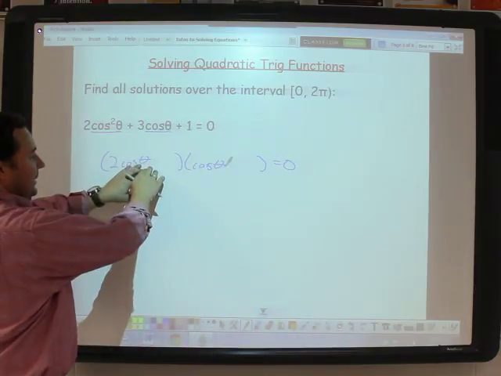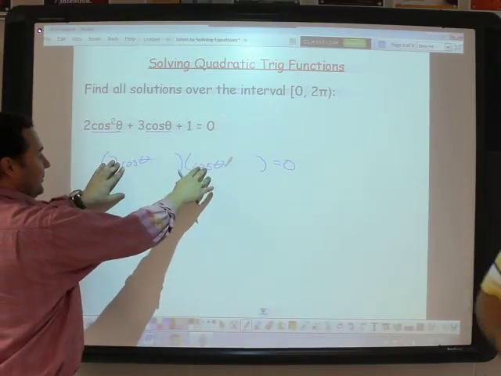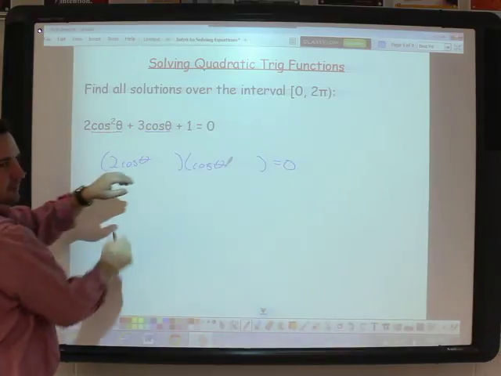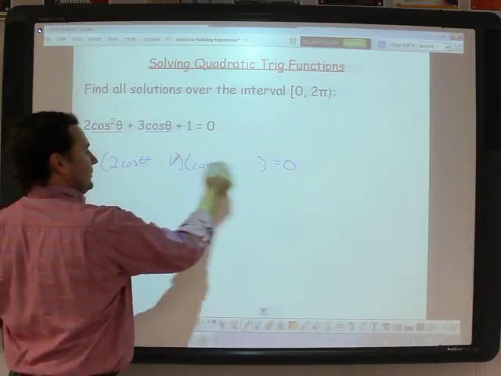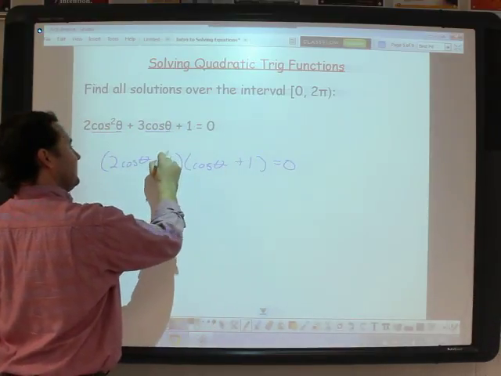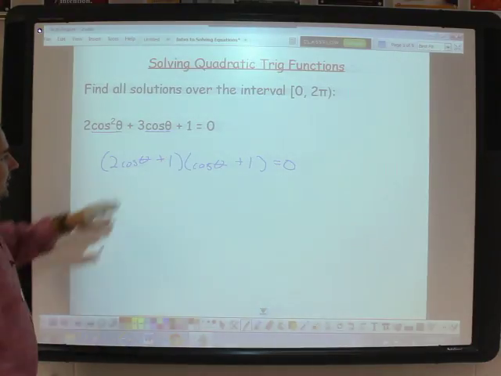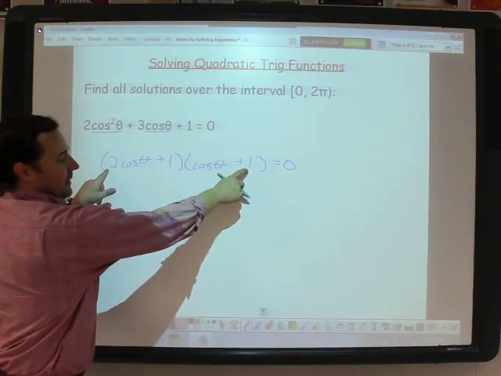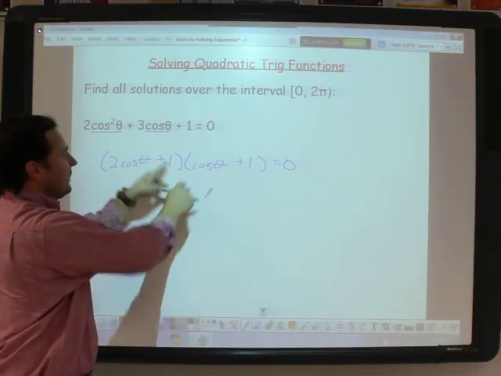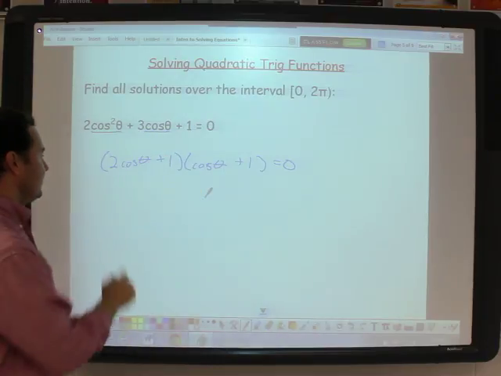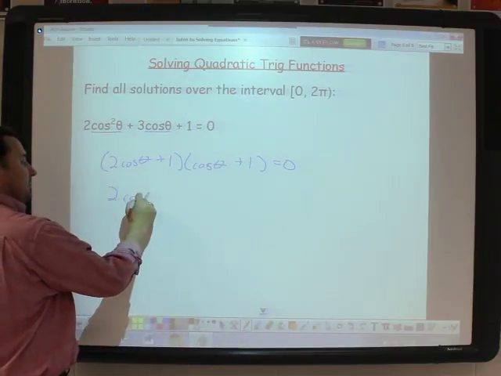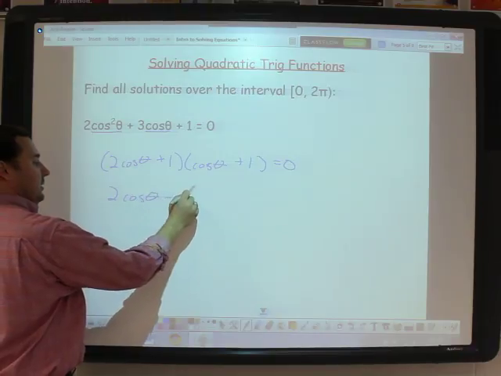If I multiply them together, 2 cosine times cosine gives me 2 cosine squared. One factor gives me 1. And again, the product of my outer terms and my inner terms has to add to give me my linear term. 2 factors multiplied together equals 0.